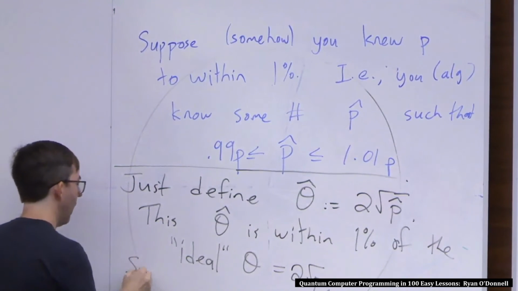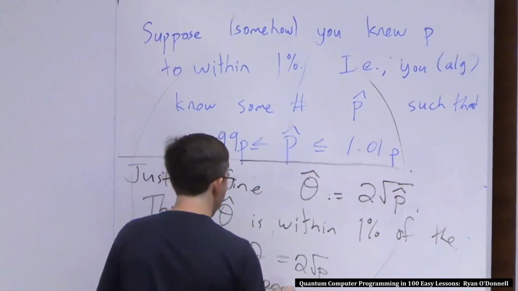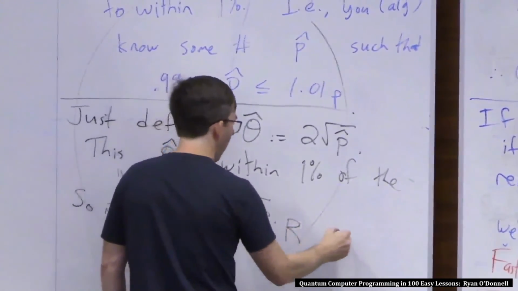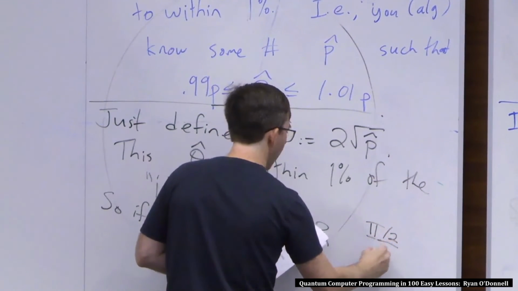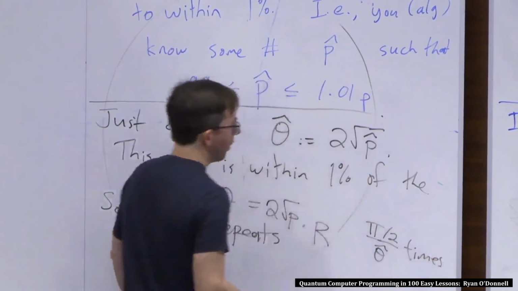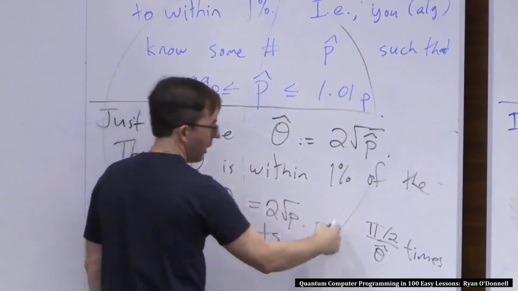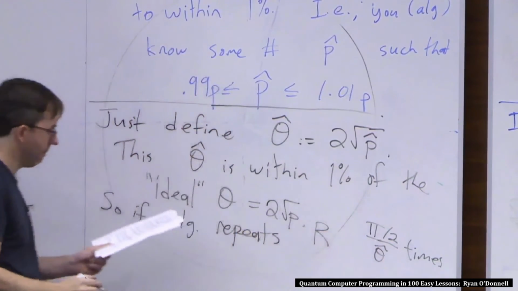So if the algorithm now repeats our pi over 2 over theta hat times, which it can do, because it knows p hat, so it knows theta hat, so it can compute this number, and it can repeat r this many times.